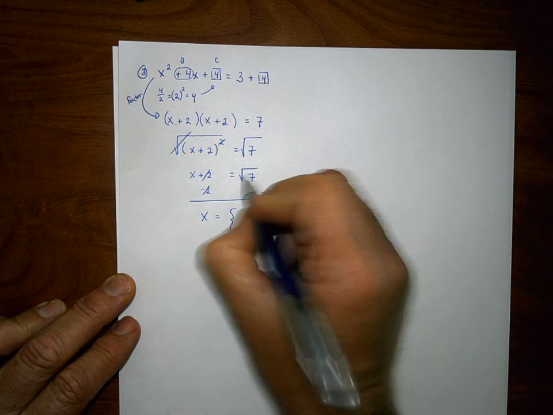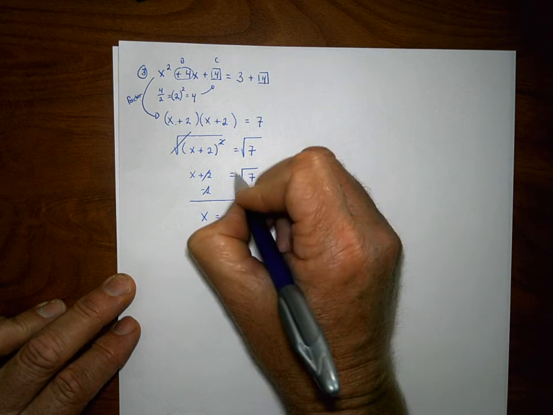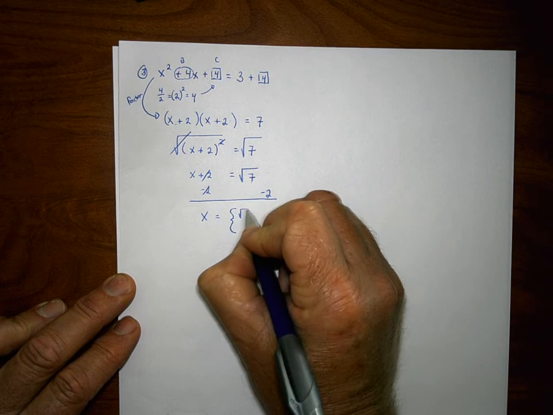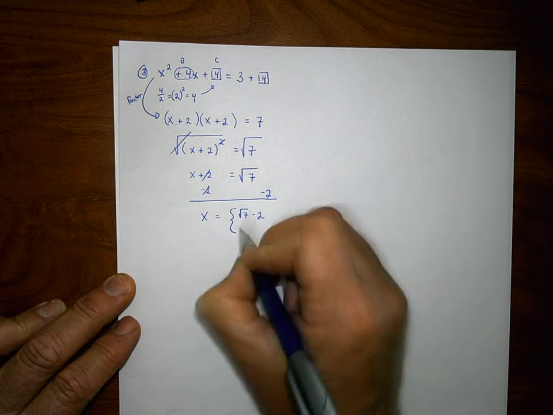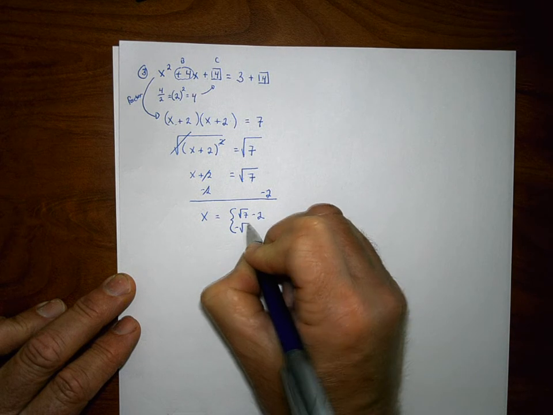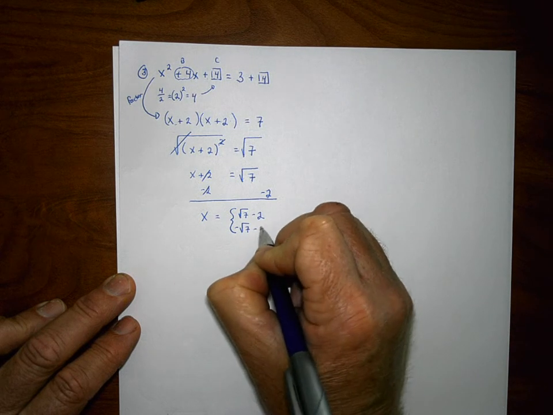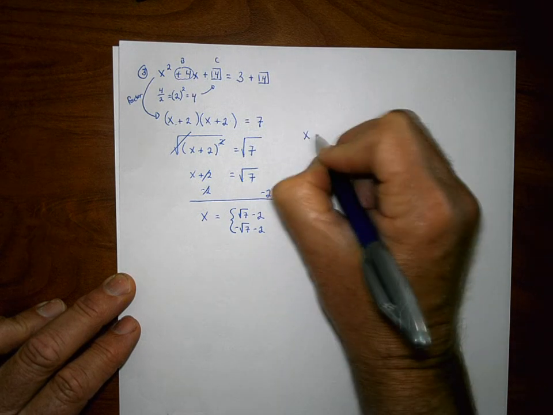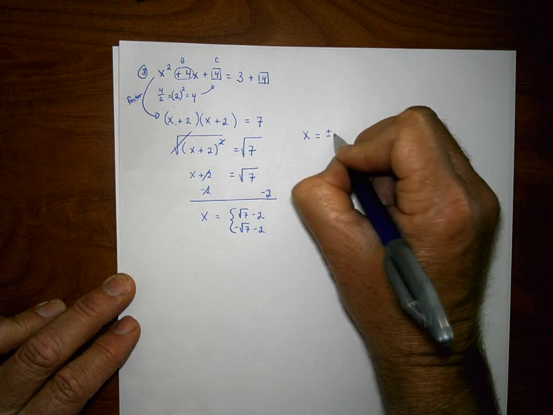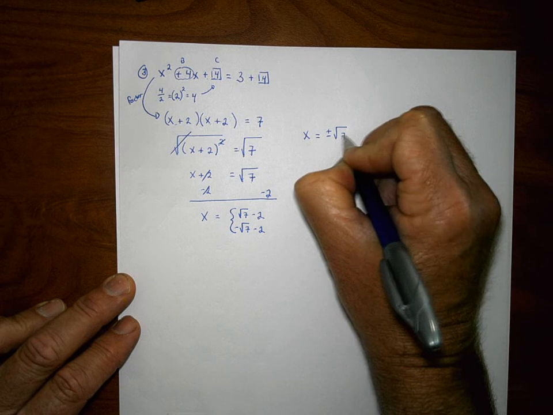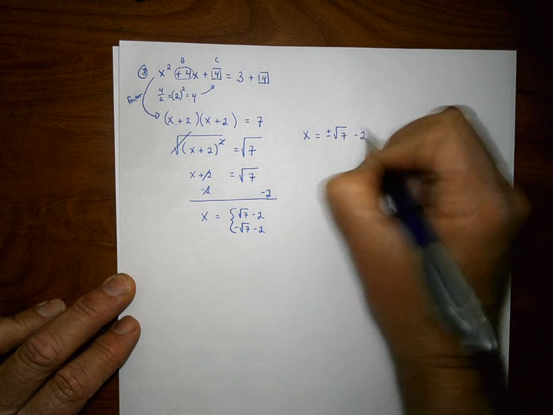Well, one of your answers is positive square root of 7 minus 2. And then the other answer is negative square root of 7 minus 2. So x is equal to, and we would write it like this, positive or negative square root of 7 minus 2. There we go. All right?